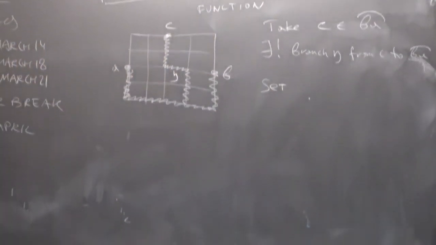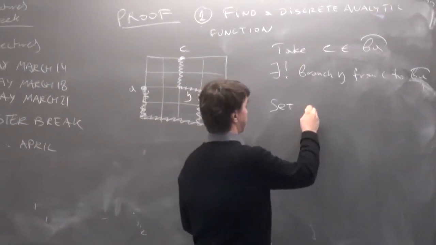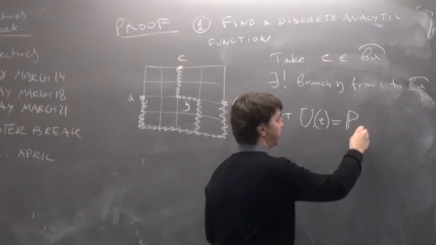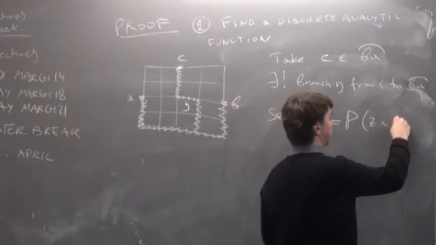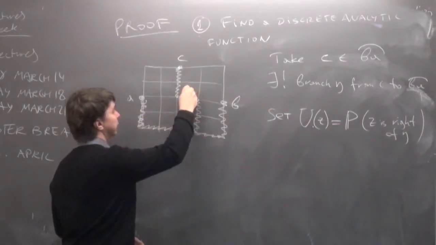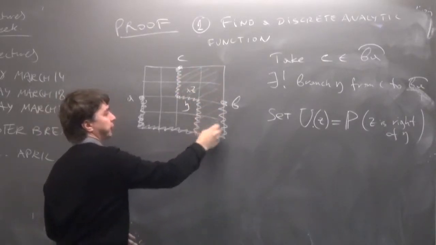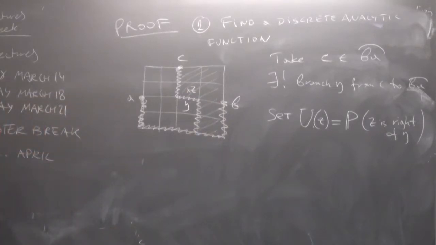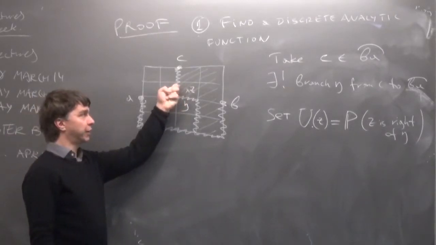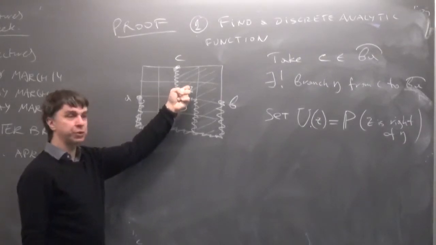Now the function I'm going to look at is, let's say, u of z, the probability that z is right of eta. So for a point z, I look at the probability that it lies to the right of eta. Since it would be ambiguous to put z on my graph, because if it's exactly on eta, is it right or left, it makes more sense to define it on the dual graph.